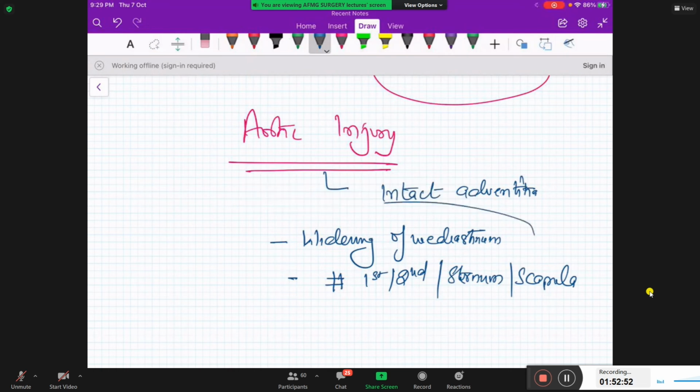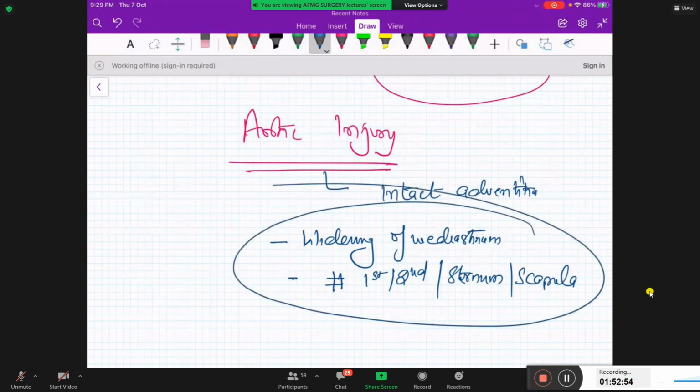And where are you seeing this? X-ray chest. And when are we doing this X-ray chest? In every patient in the primary survey. In the primary survey, we did 2 X-rays. So that is why we always do a chest X-ray in any patient of trauma.